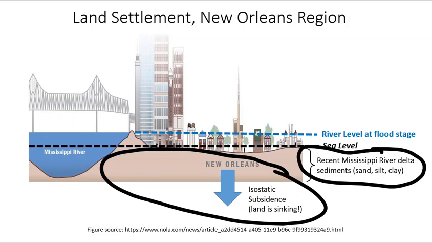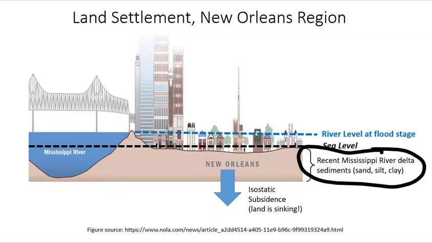So again, all of that mass, all of that sand and silt and clay flushing into the New Orleans area from the Mississippi River is weighing down the land. It's weighing down the entire lithosphere. And in this case, the gravitational force exceeds the buoyant force, and so the land is settling isostatically. And that makes flood hazard a real concern in the New Orleans area, as we'll talk about a little bit later in the course.